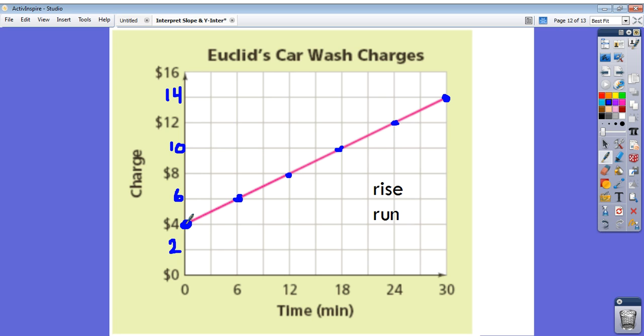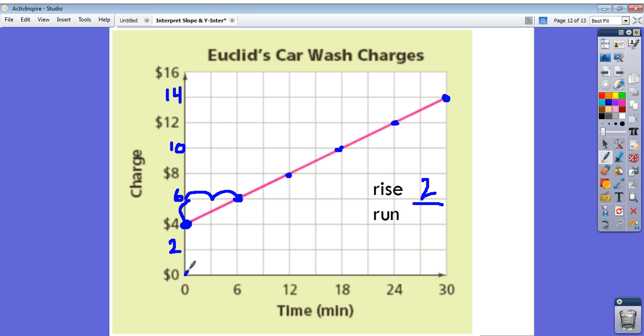Let's take a look. I'm counting from this point to this point how many steps up. I go 1 step up, but that's increasing from 4 to 6, so that's a rise of 2. Now I need to do my run to get from this point to this point. What is my change in x? Well, it's 2 steps, but if I look down here, my scale isn't counting by ones.